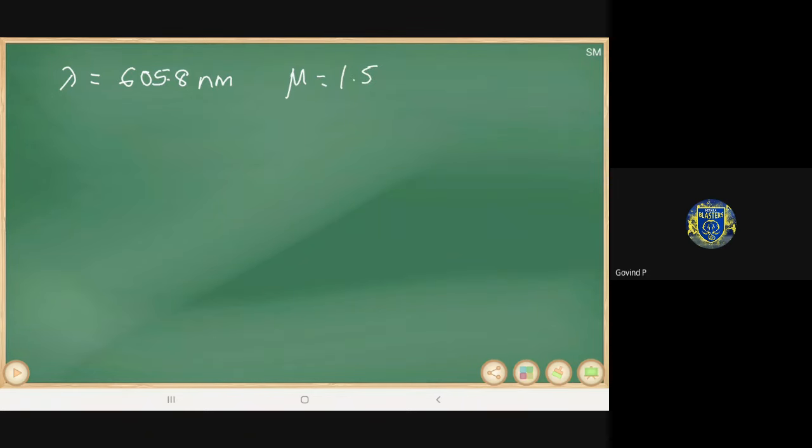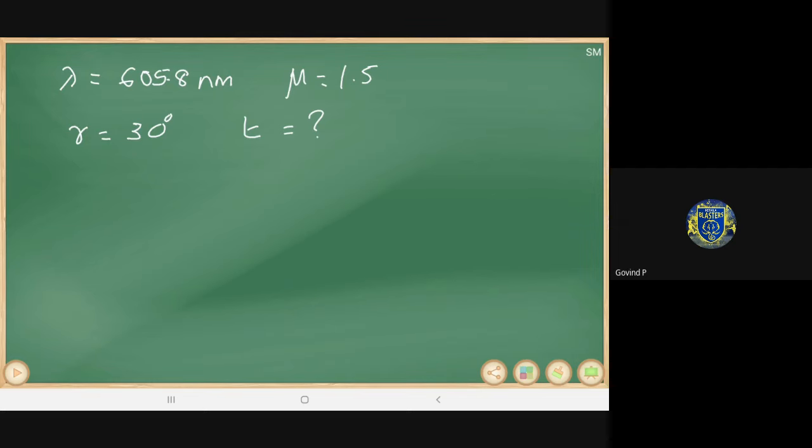The angle of refraction in the plate is r equal to 30 degree. Calculate the smallest thickness of the plate for which it will appear dark by reflection. We have to find the minimum thickness t in which it will appear dark by reflection.